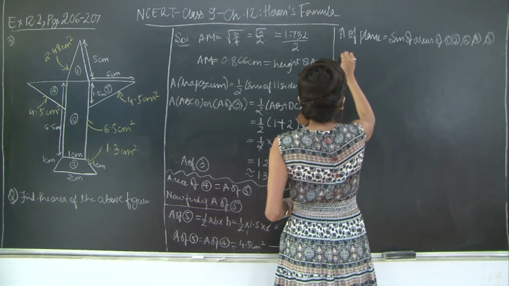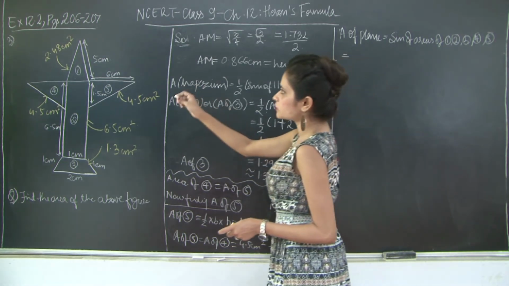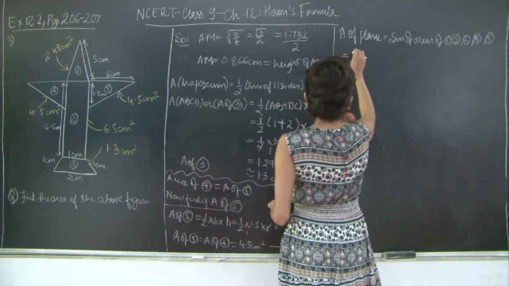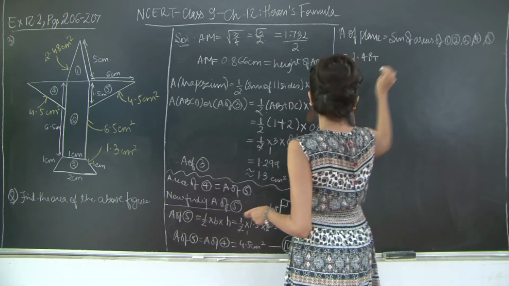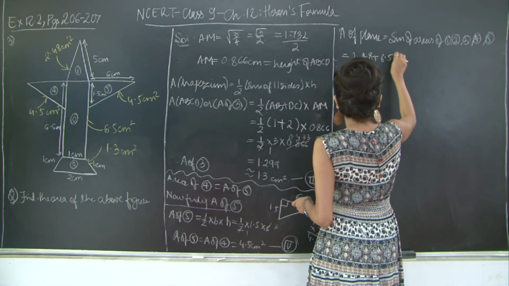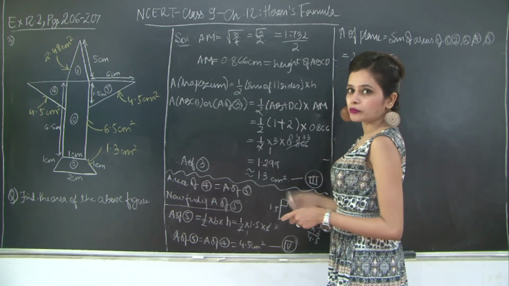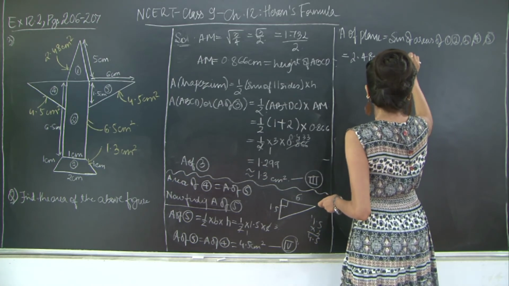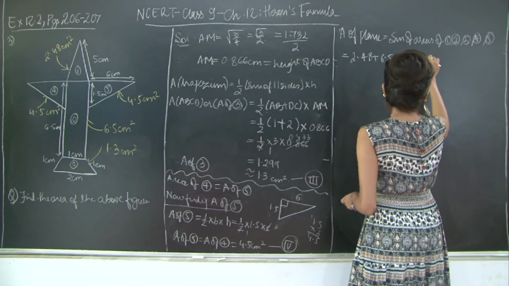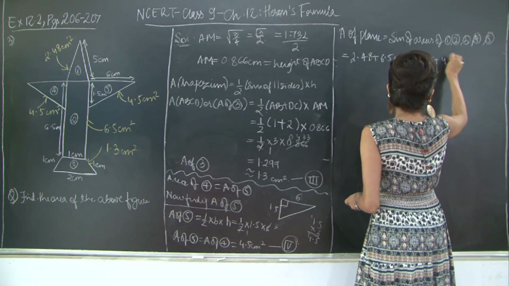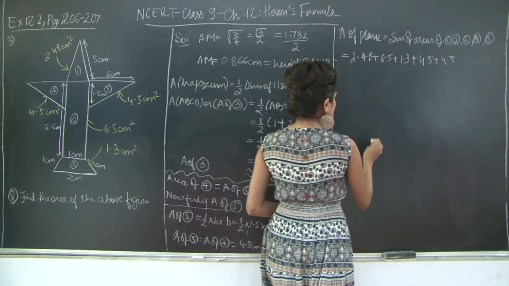So this is going to be equal to, the first part was 2.48, plus region 2, which was 6.5. Region 3 was 1.3, and regions 4 and 5 each were 4.5. So 4.5 plus 4.5.